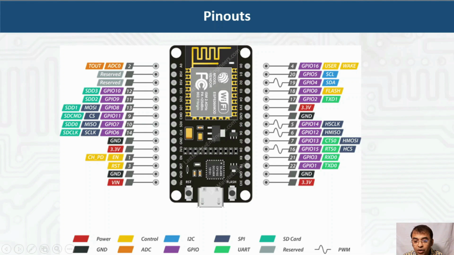These are the GPIO pins. These are the reserved pins. This is ADC 0, which I already told you about. This is the reset pin. Okay, this is the entire pinout diagram for NodeMCU.